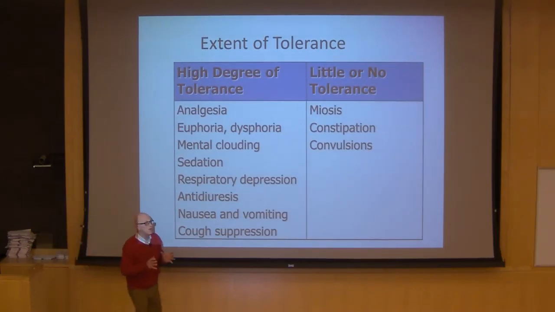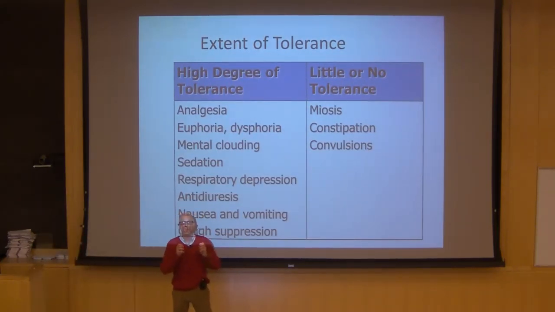Okay, we know that tolerance is an important effect of the opiates, meaning as you give higher and higher doses, what happens is that you get less and less of a response. So most of the effects of the opiates, in fact, you develop tolerance to. There's a few that you don't see that.